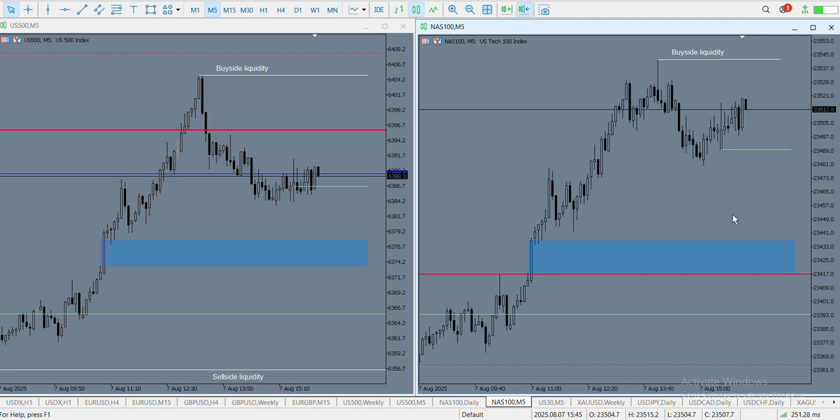I learned a lot. I learned about how gaps are supposed to be treated in price. I learned about session bias, the weekly bias, and how to tape read and see through weeks.